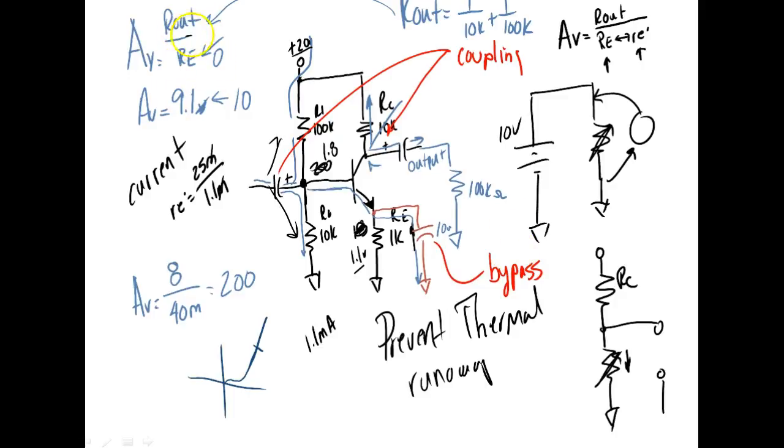So what I'm going to do is say, what was our R out? 9.1K. Okay, I'm going to divide that by RE prime. Was RE prime 22.7? What gain should we expect?